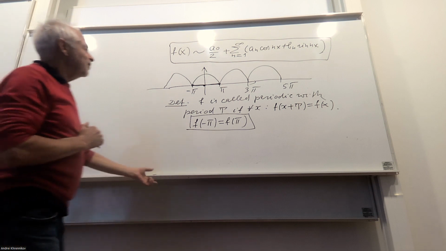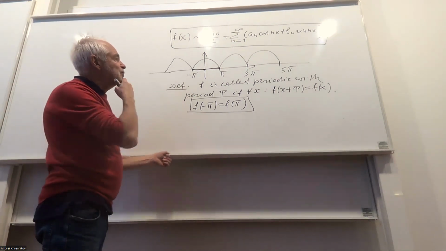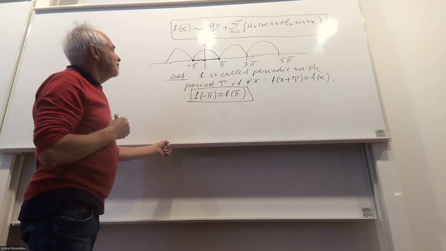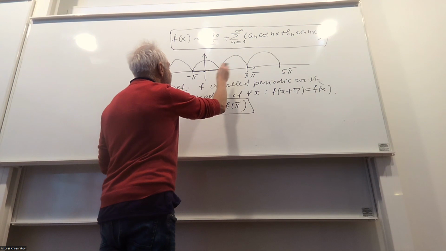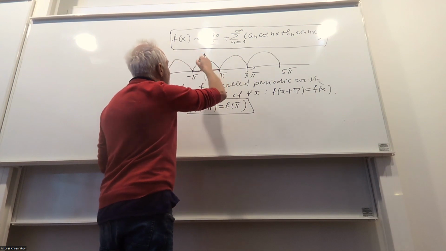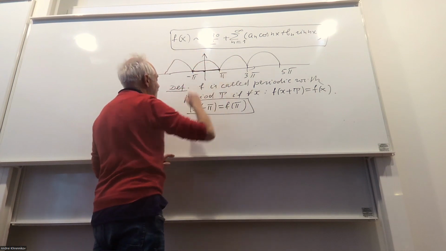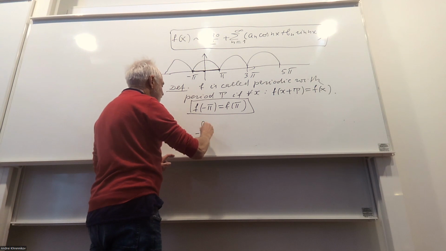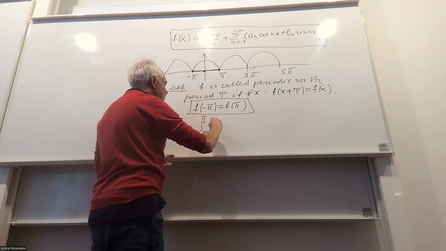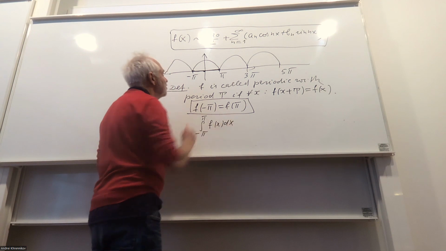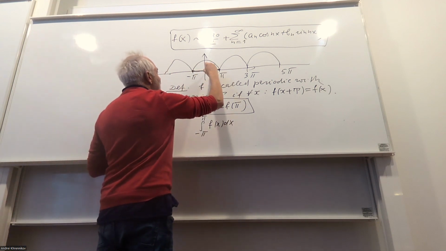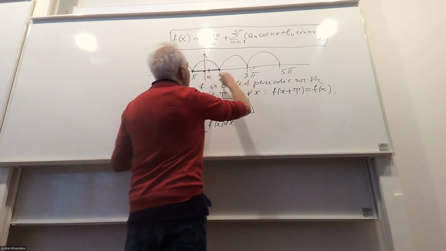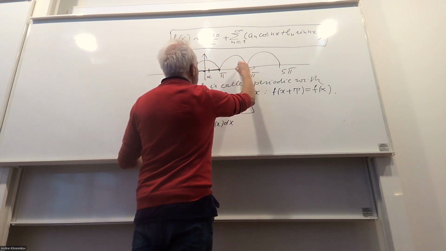Now we need a remark which will be used later. For example, we integrate some periodic function over the segment minus pi to pi, the integral of f(x) dx over a period. Now let us make a shift and take some point alpha and alpha plus 2 pi.